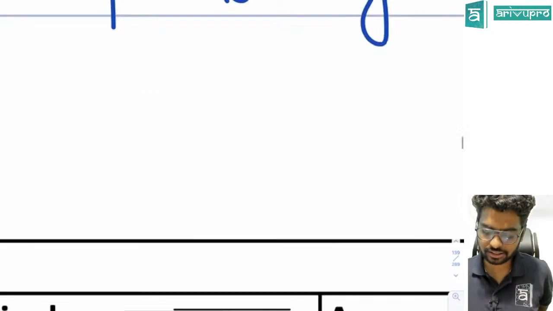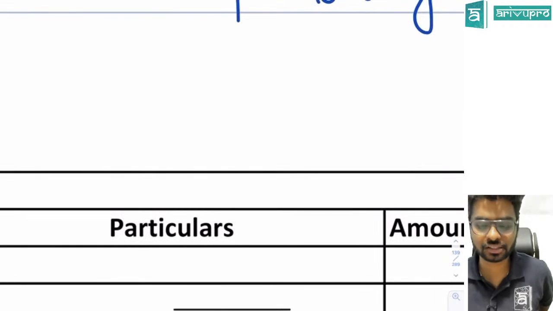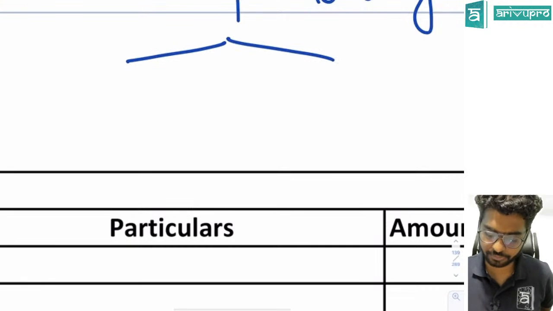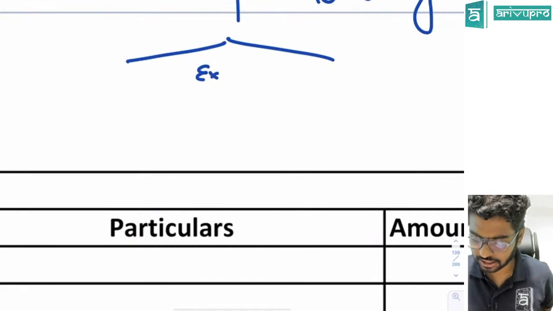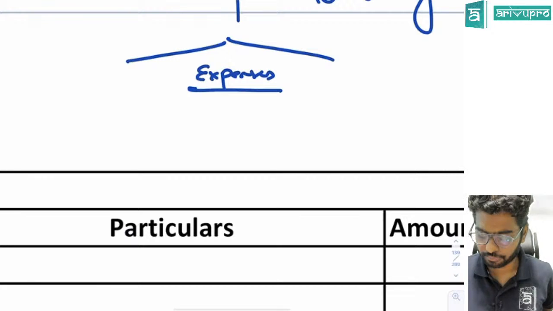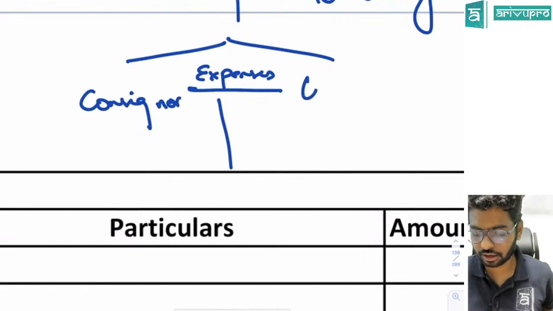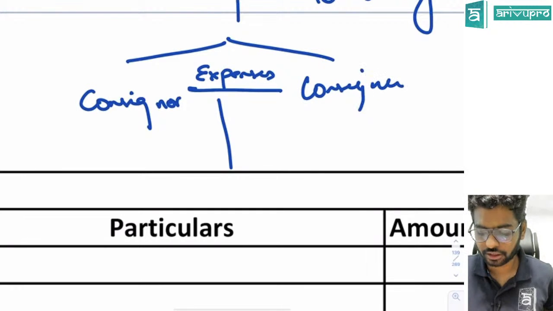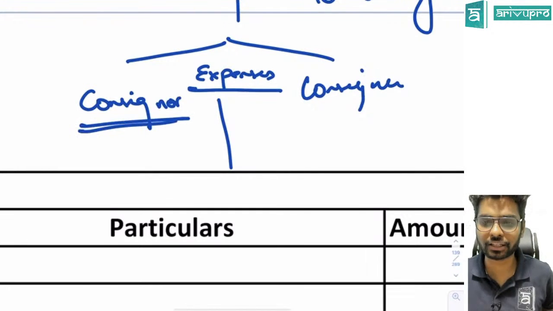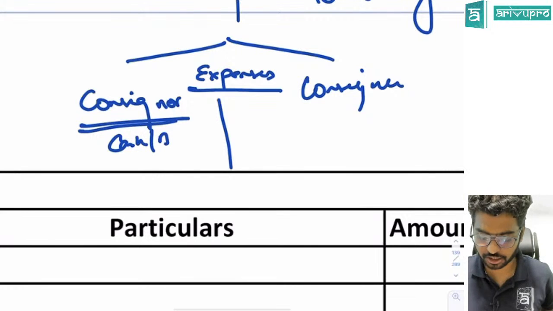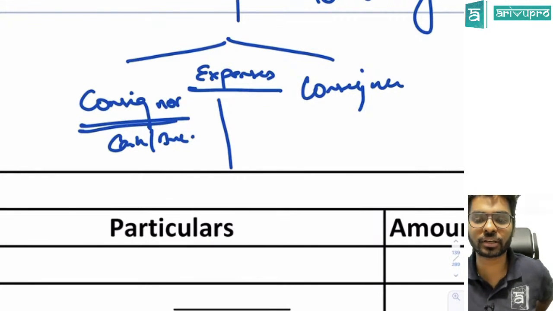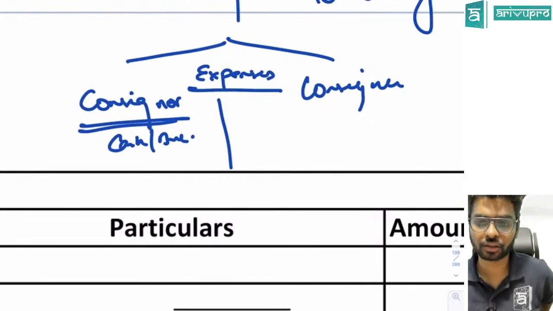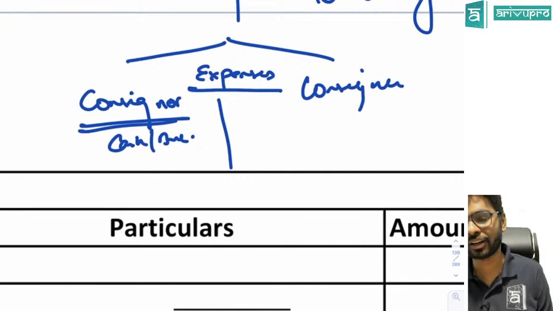Guys, I'll tell you a simpler way of remembering it. See here, if expenses are incurred by the consigner, you will write it as cash, bank, or other things. So the journal entry becomes consignment account debited to this one. We are doing accounts in the books of consignor.